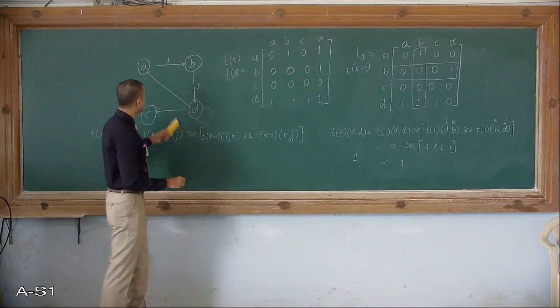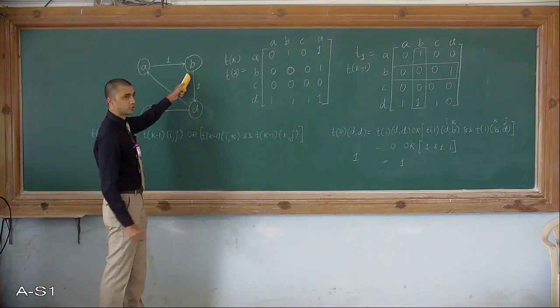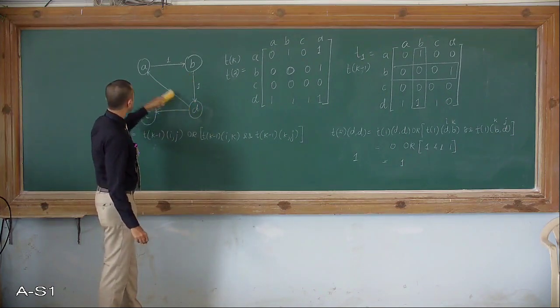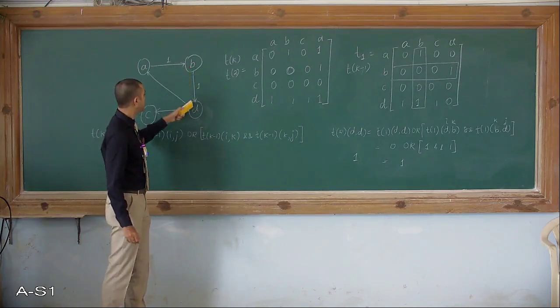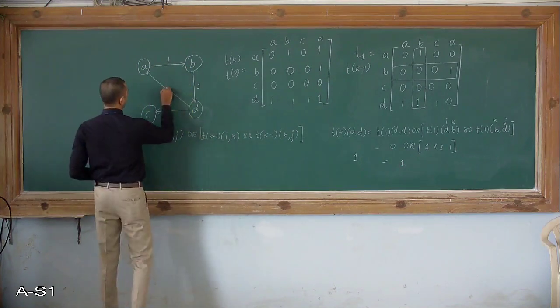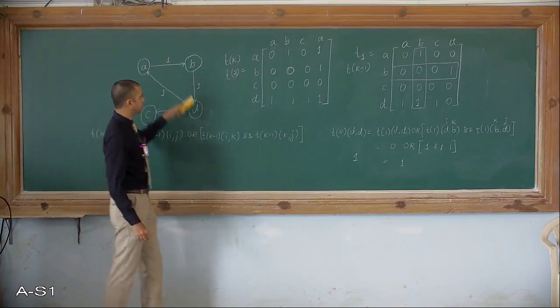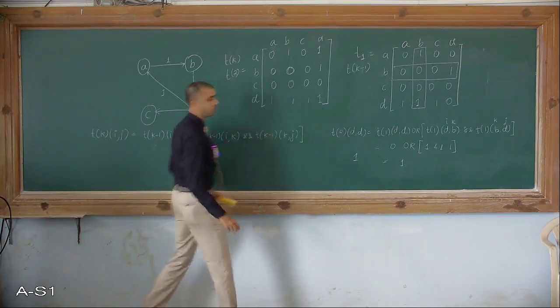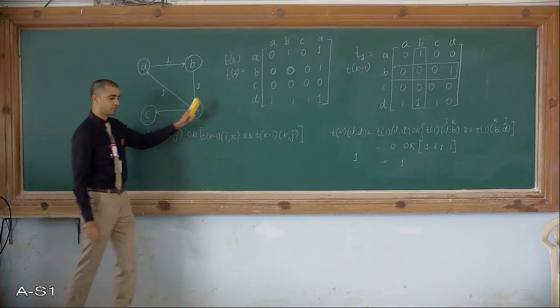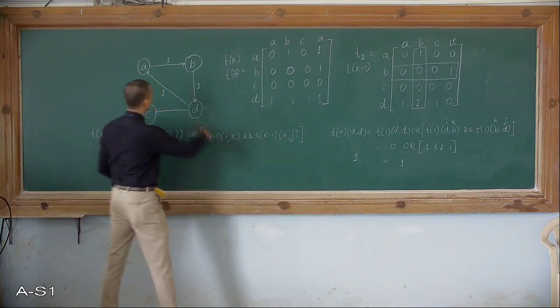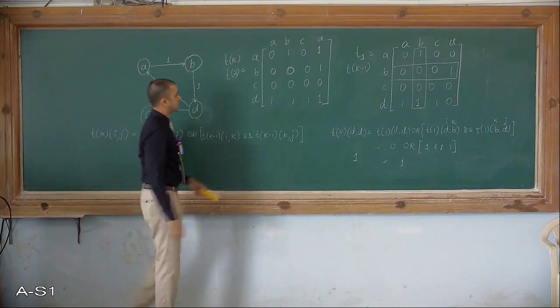Yes, the intermediate vertex was B. Let's see. D to A, yes. A to B, yes. B to D, yes. So all these are ones. When everything is 1, yes, I can reach from D to D. I can have a path starting from D and ending at D. Like this. Alright.